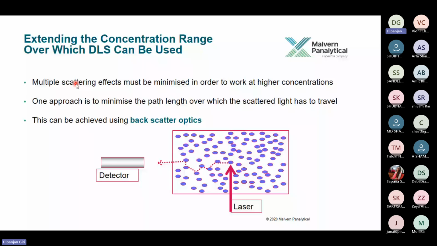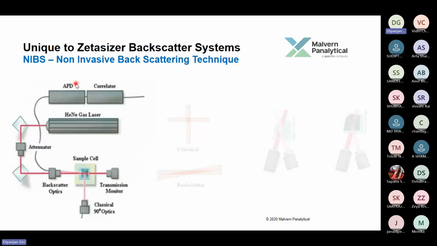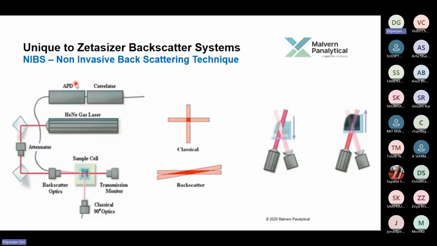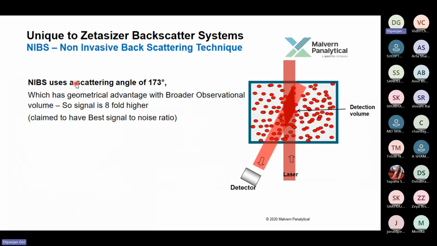One approach is to minimize the path length over which the scattered light has to travel, and this can be achieved by backscatter optics, the non-invasive backscatter technique. It increases the scattering volume, which ensures high sensitivity and extends the working size range.